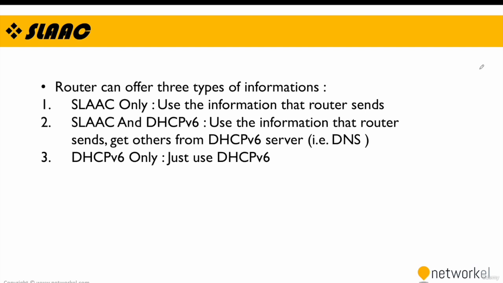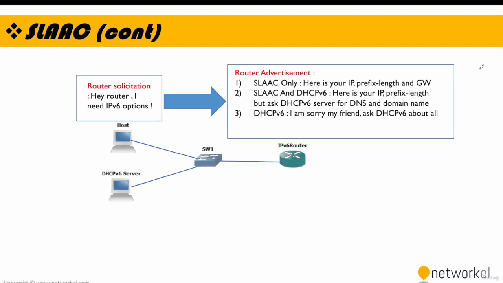The second one is SLAAC and DHCP version 6, where the router offers to use the information that the router sends, and it also offers to receive the rest of the options from DHCP version 6 servers, such as DNS. And we have the DHCP version 6 only. This is where the router says, just go ahead and take whatever you need from your DHCP version 6 server.